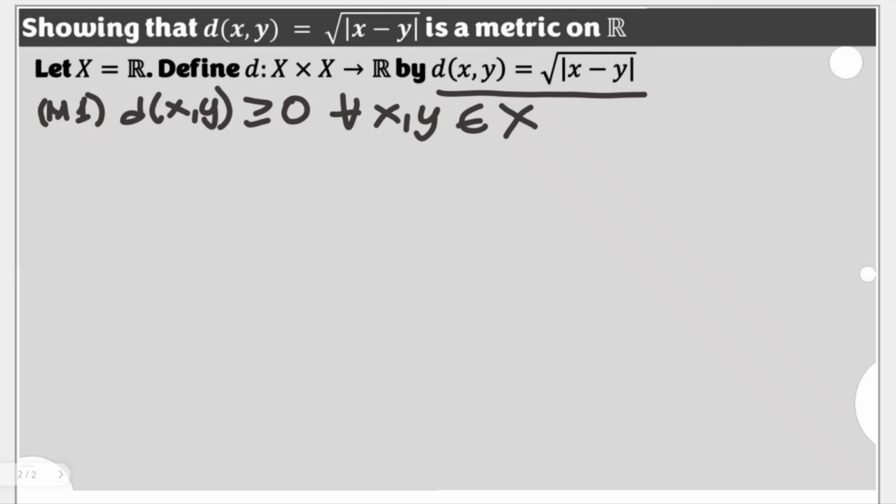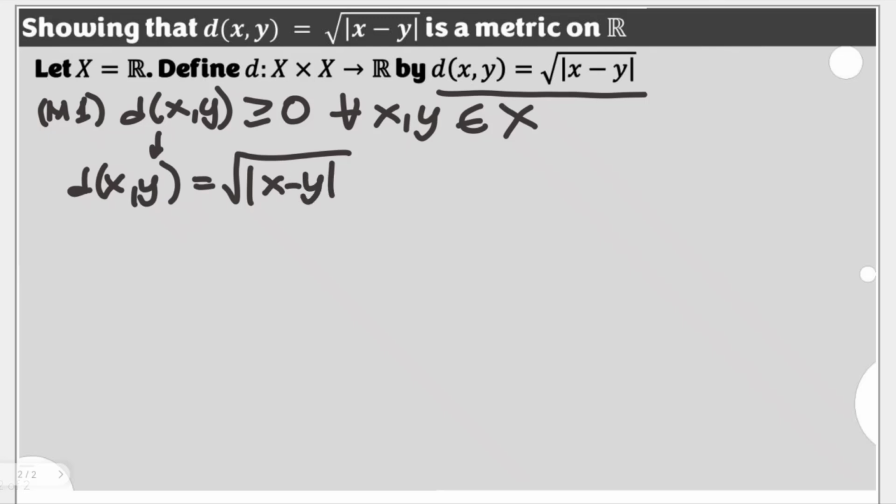So we know that the definition given here is that the distance of x and y is equal to the square root of the absolute value of x minus y. Now, take note that our x and y values are element of our set X, in this case defined here as a set of real numbers.